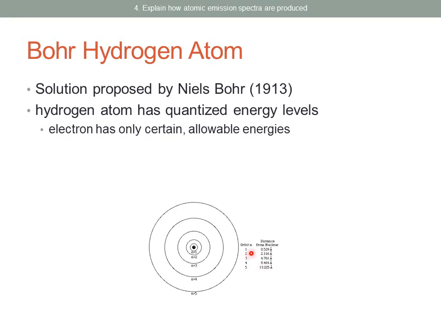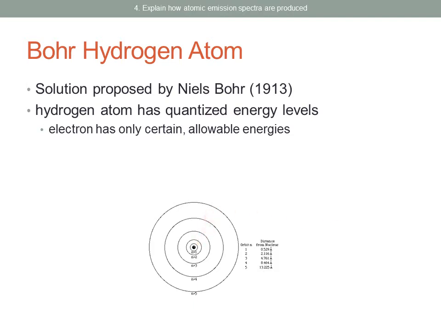The orbits are labeled 1, 2, 3, 4, 5, and it gives you the distance from the nucleus. In each of these different orbits, the electron would have a different amount of energy. According to Bohr, the electron could only have these amounts of energy, or can only orbit at these distances. In other words, the electron was not allowed to orbit anywhere between any of these energy levels.